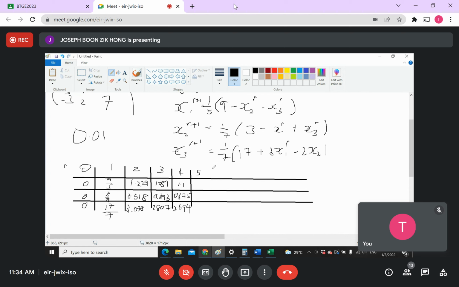Okay, so 1 over 5 times 9 minus 0.675 minus 2.694. If you found any mistake, please let me know. Just now is 1.1: 9 minus 0.693 minus 2.807.